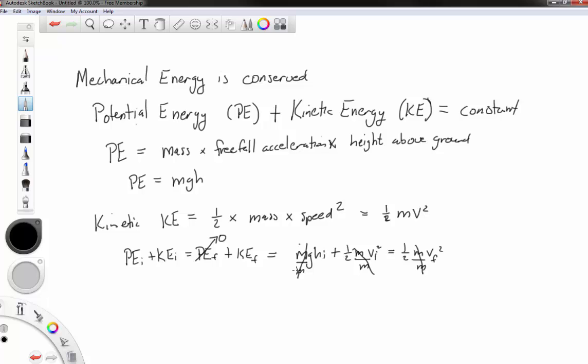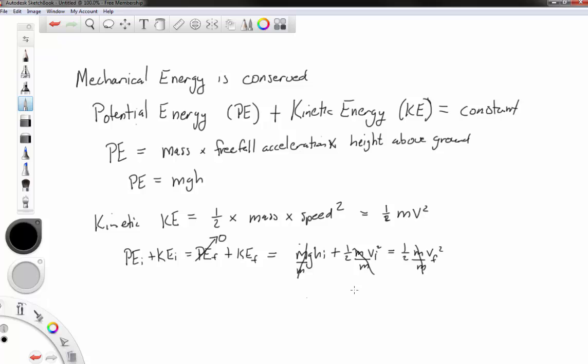It's like dividing every term in this equation by the same number, 2 for example. So 2gh plus vi squared is going to be equal to vf squared, or half gh plus a quarter vi squared is equal to a quarter of vf squared. So I'm allowed to divide by some number as long as I divide everything by the same number. That's just basic algebra.